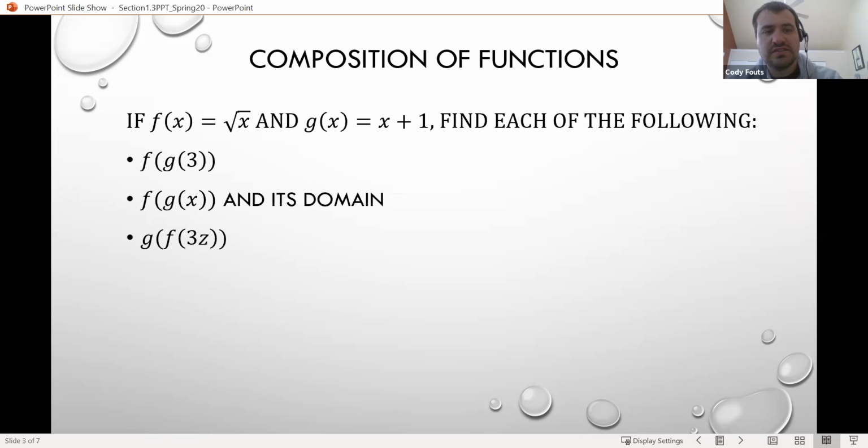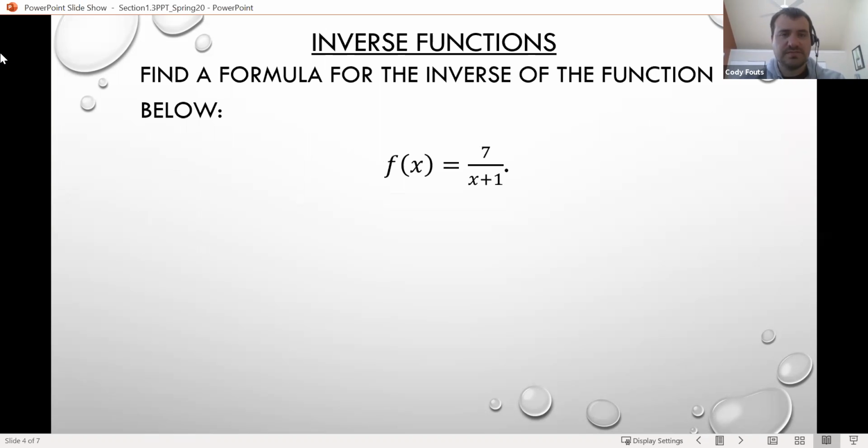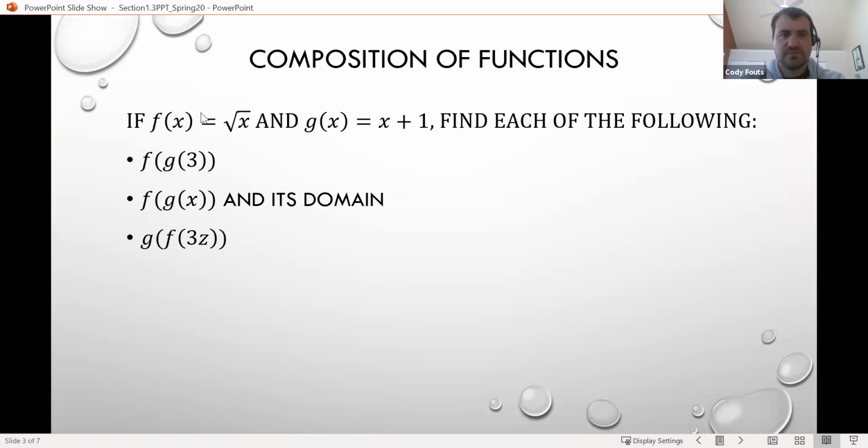So here, looking at this first one, the f of g of 3. So we're going to start on the inside of this function, with the g of 3. The first thing we need to do is figure out what g of 3 means. If you recall from earlier PowerPoints, g of 3 means take 3, put it as the input for g of x.